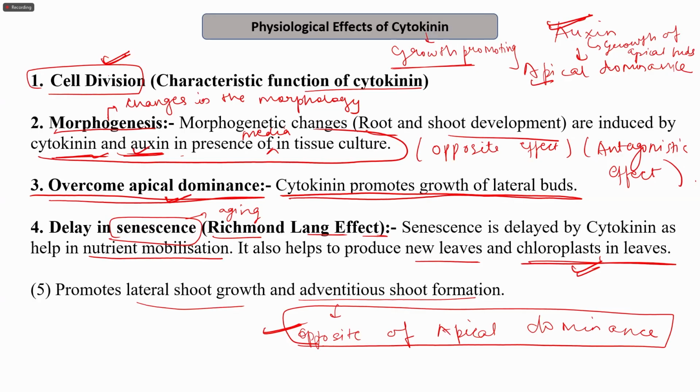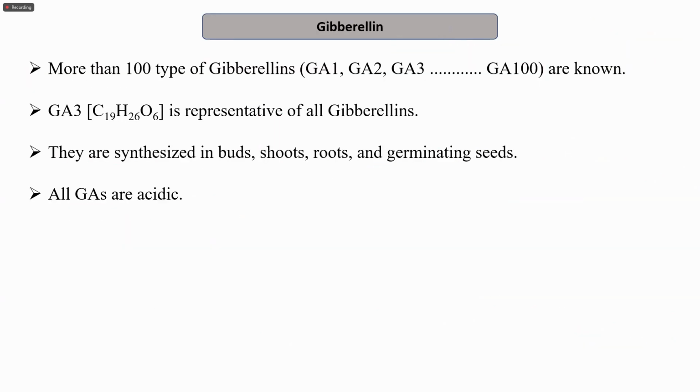So auxin is helping in the growth of the apical buds while cytokinin is helping in the growth of the lateral buds. Auxin is helping in delaying the abscission, and cytokinin is helping in delaying the senescence.